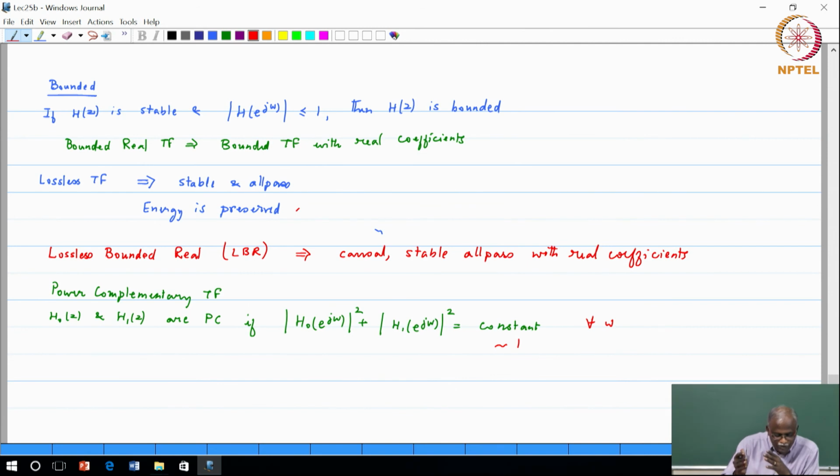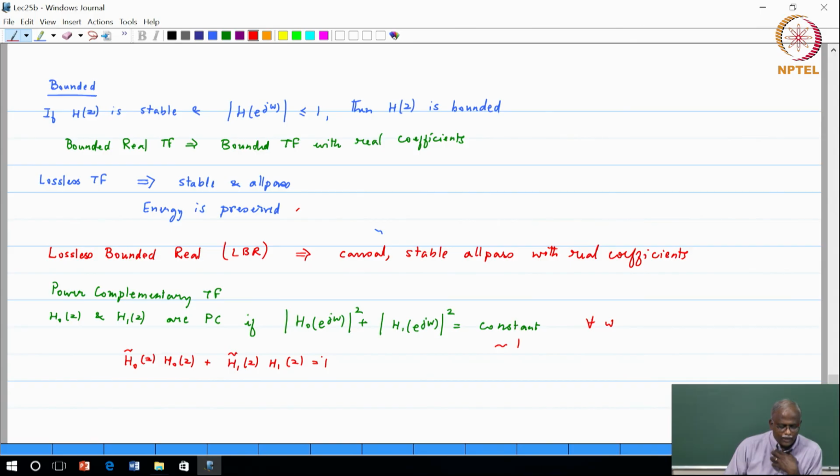But you kind of see where we are heading. Now by analytic continuation, this basically means H0~(z)H0(z) + H1~(z)H1(z) is equal to 1. That is the power complementary condition.